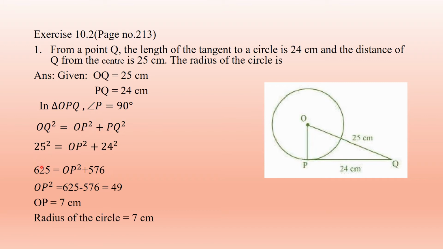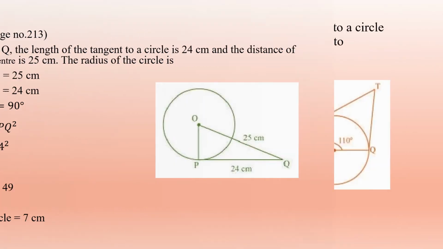Substituting the values, it will be 25 square is equal to OP square plus 24 square. That is OP square equal to 625 minus 576, which is 49. Therefore, OP equal to 7 cm and therefore the radius of the circle is 7 cm.